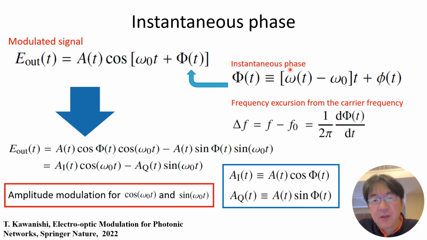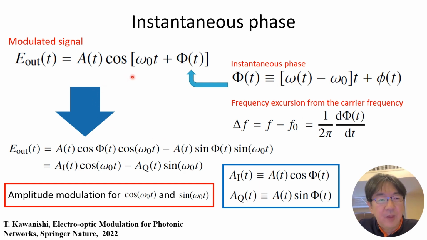The instantaneous phase includes the frequency shift from the original frequency and the phase shift. The frequency excursion from the carrier frequency can be expressed by this equation, the derivative of the instantaneous phase.